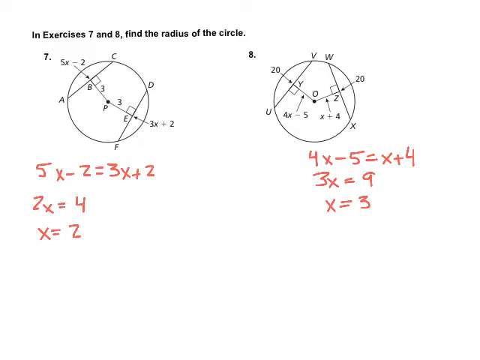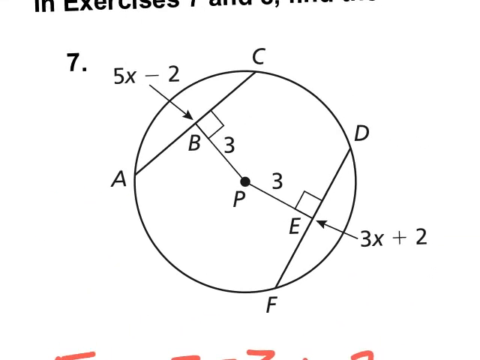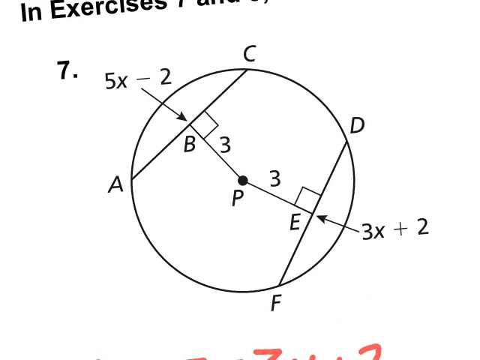Yeah, Joe? What I did was I used the PE. I assumed that since it was a perpendicular bisector to DF, that was the diameter line, which would make that the radius. That's what I went through. Right, but here's my only question. Does PE go all the way to the edge of the circle?